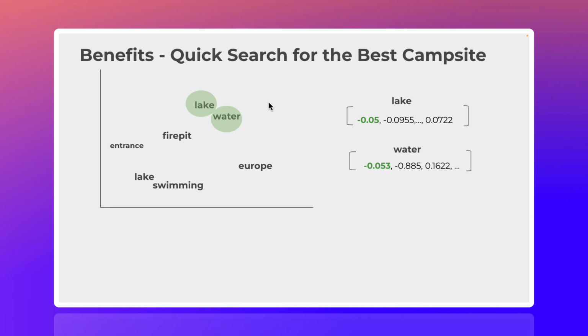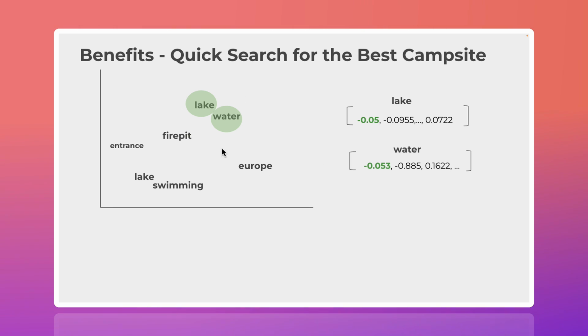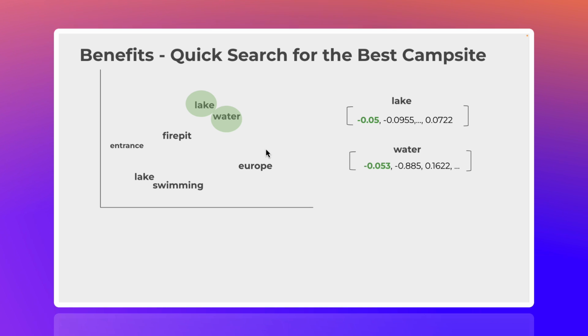So now it's way easier, and this is what vector databases are really good at: a quick search for the best campsite. It's going to look at the vector representation of each of those campsites with all those flags and features, to quickly find the similarity in meaning between those two words, which are flags, lake and water, and so forth.